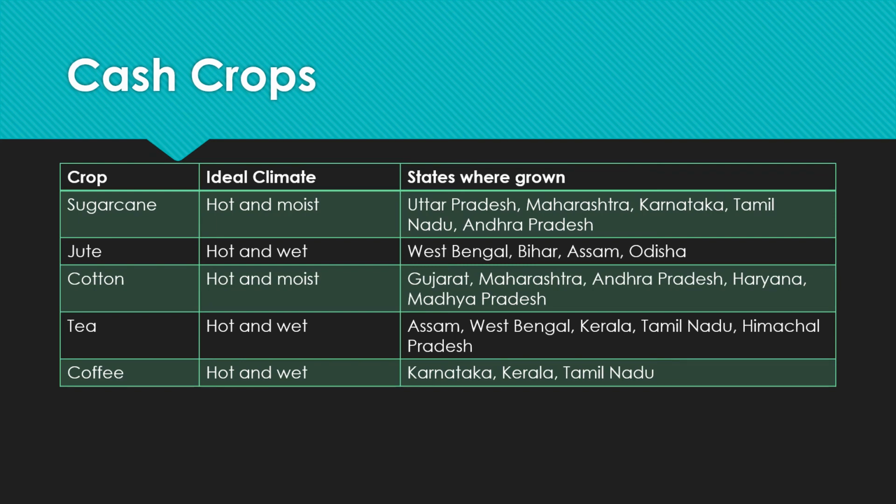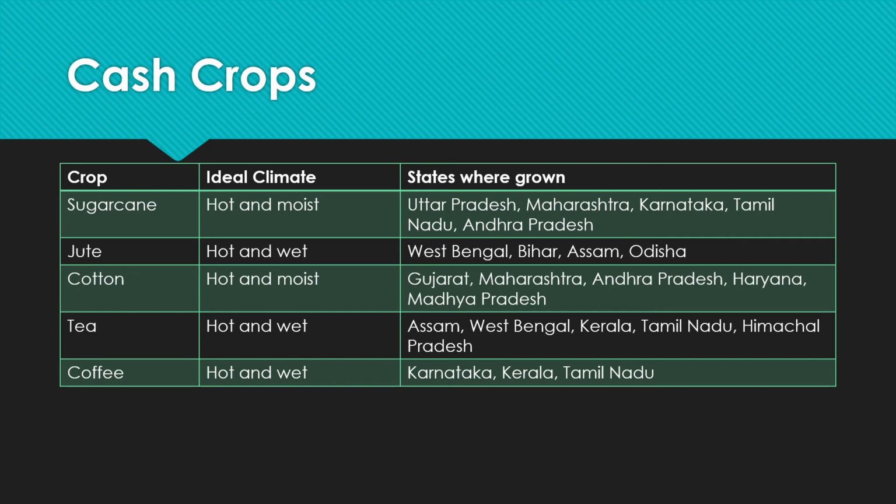So this table shows the cash crops, their ideal climate and the states where they are grown. So first of all, see sugarcane. The ideal climate for growing sugarcane is hot and moist. The states where it is grown are Uttar Pradesh, Maharashtra, Karnataka, Tamil Nadu and Andhra Pradesh.